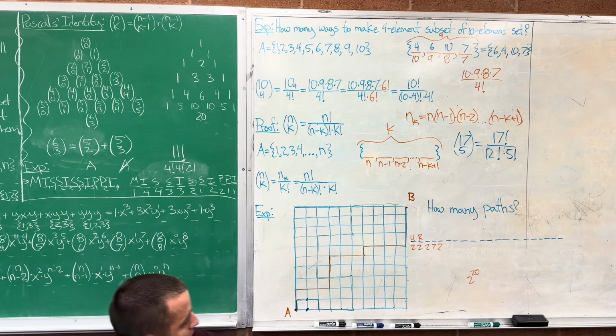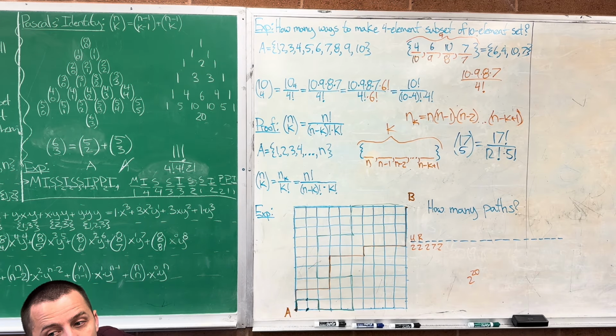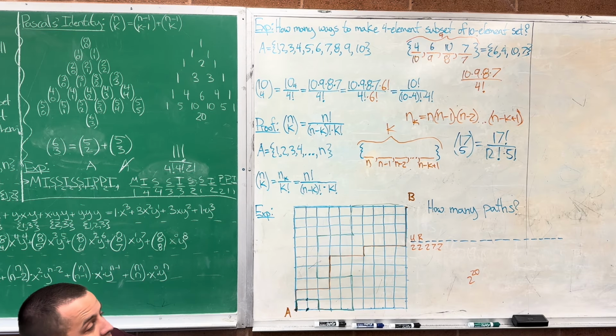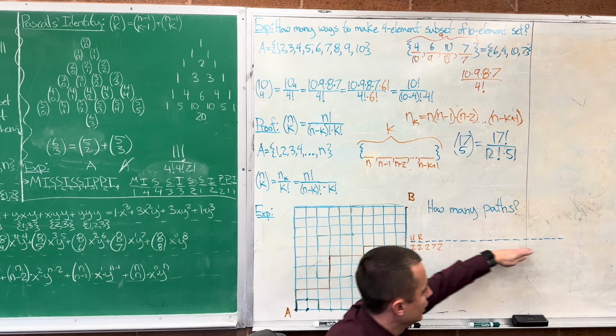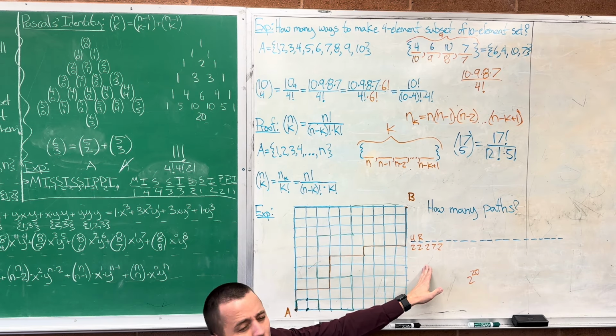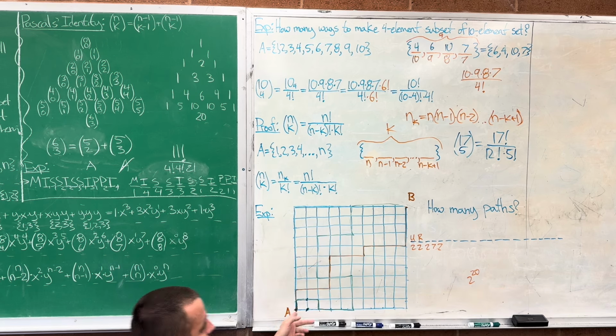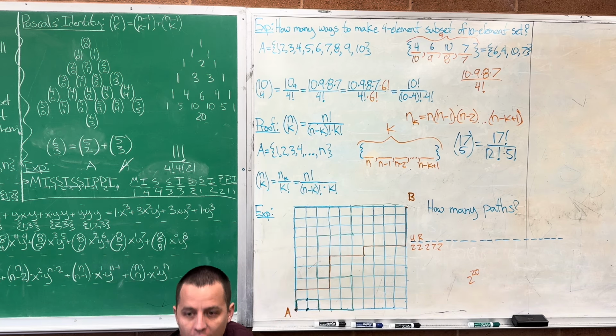What's a way that we could think about that? I basically take a 20 element string here, and I need to somehow choose 10 of them to be up, or choose 10 of them to be right. Because if I choose 10 of them to be up and make all the others right, that will for sure get me from point A to point B. I will for sure have gone up 10 times and to the right 10 times.